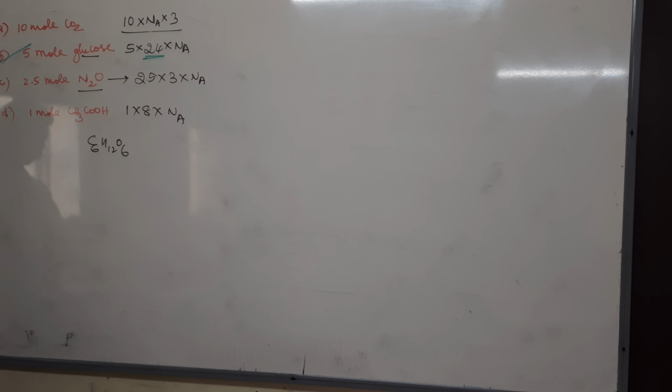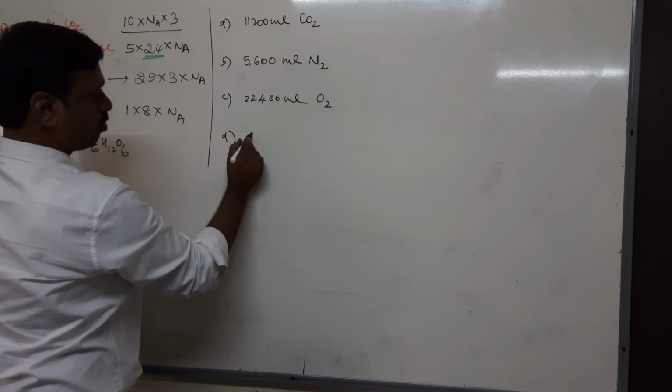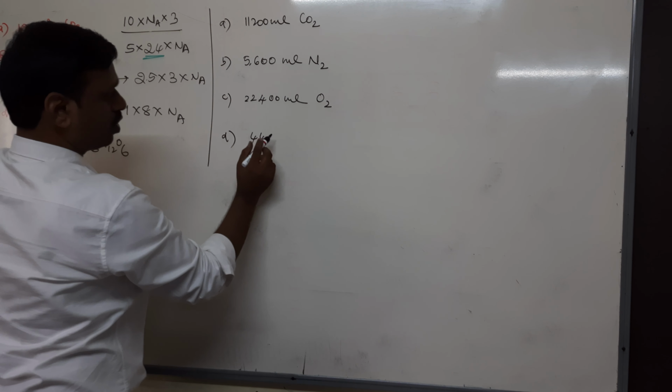It is 11,200 ml CO2, 5,600 ml N2, 22,400 ml O2, and 44,800 ml O3. So which of the following has highest mass?